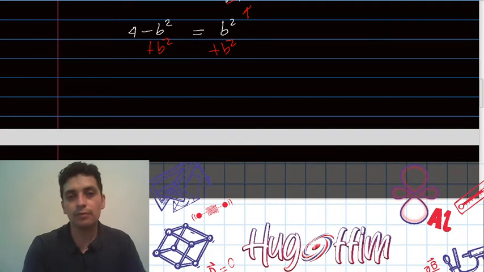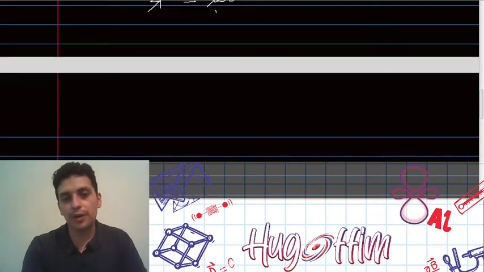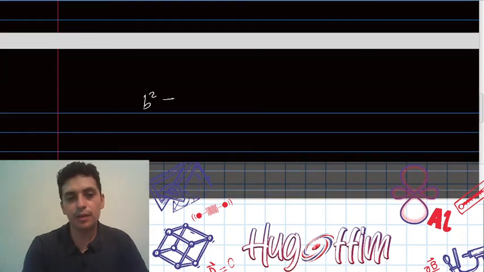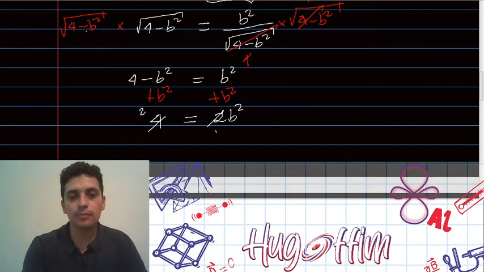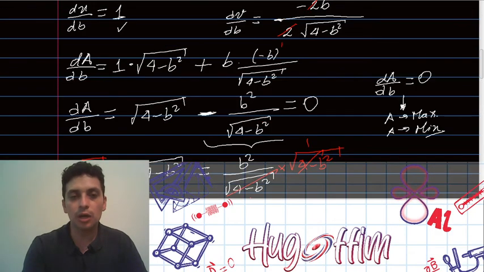So what do we have? We have 4 equals 2b squared, and now I can divide by 2. So b squared equals 2, and b is going to be the root of 2. Okay, so we have root of 2.